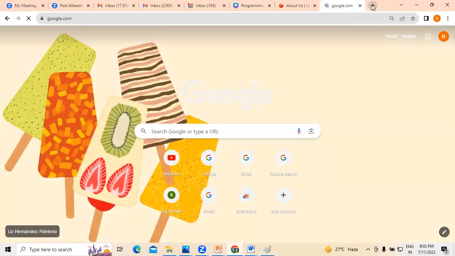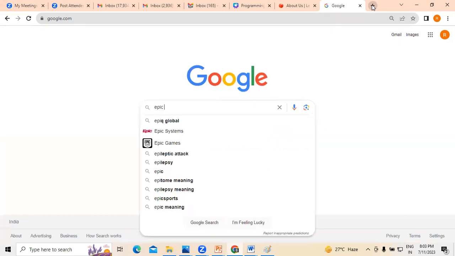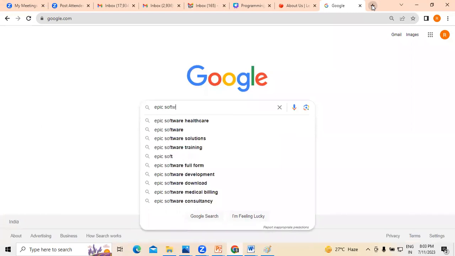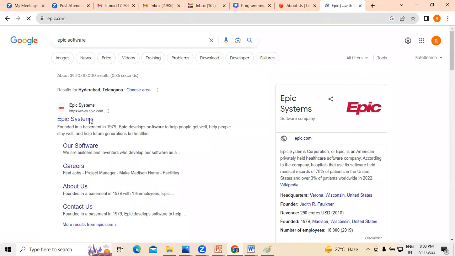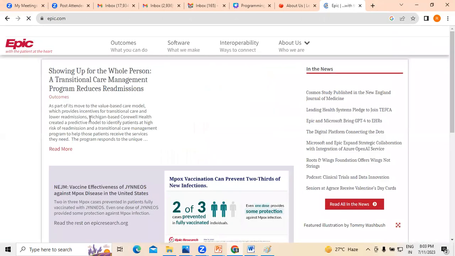Is it like the Salesforce of hospitals? No, Salesforce applications are different. Salesforce, Dynamics, etc. are used as CRM applications.